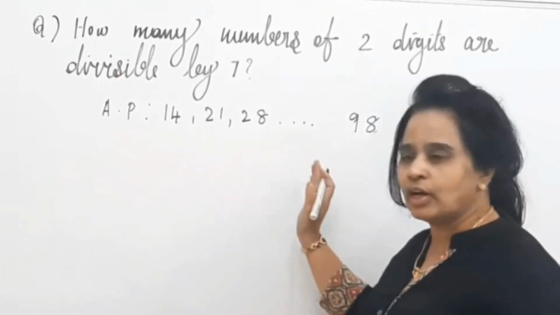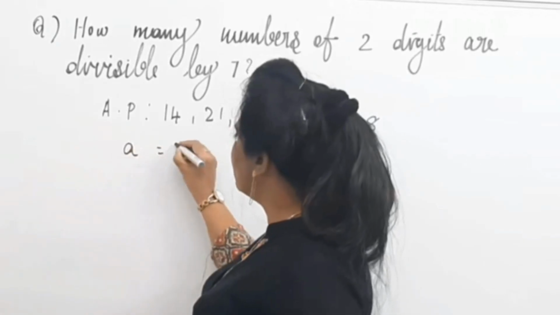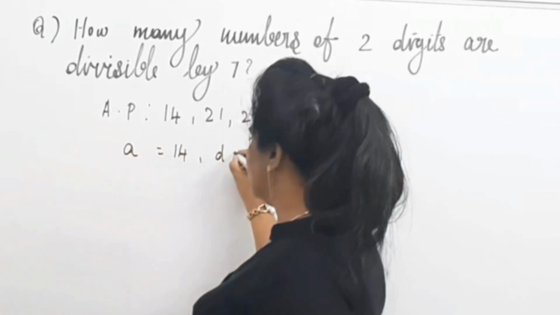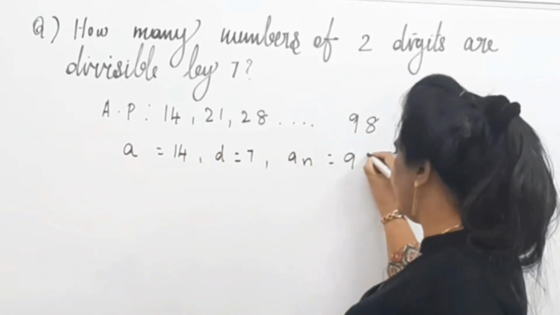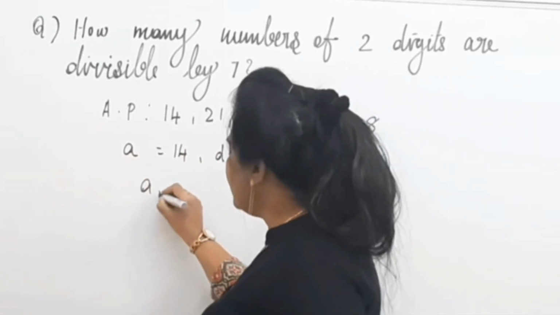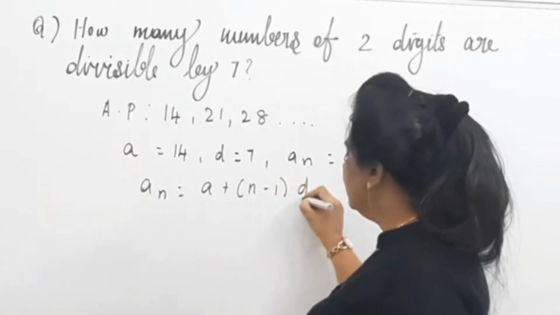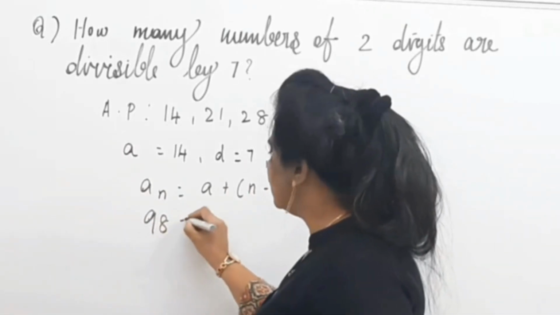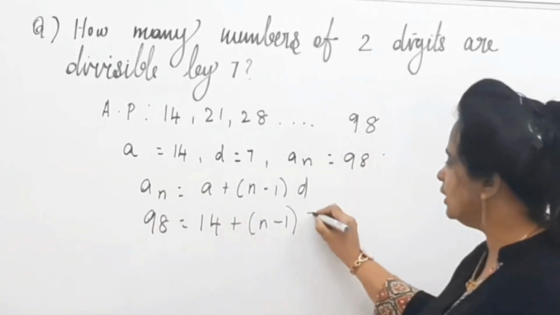Now I'm not going to count, I just use my formula, that is a is equal to 14 and d is equal to 7 and my an is equal to 98. So an becomes a plus n minus 1 into d, that is 98 is equal to 14 plus n minus 1 into 7.